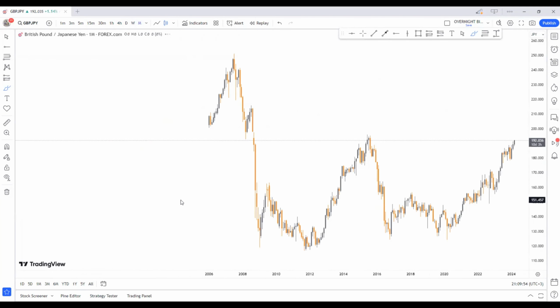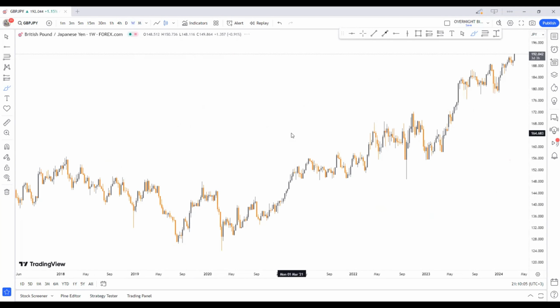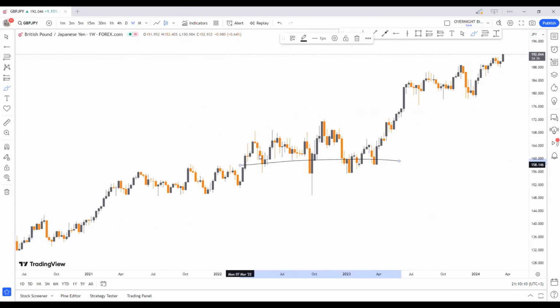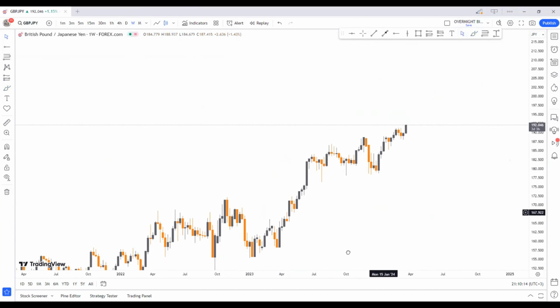For instance, I was looking at GBPJPY. Because I want to swing, I normally use the weekly time frame. Weekly is the best time frame for me to swing.